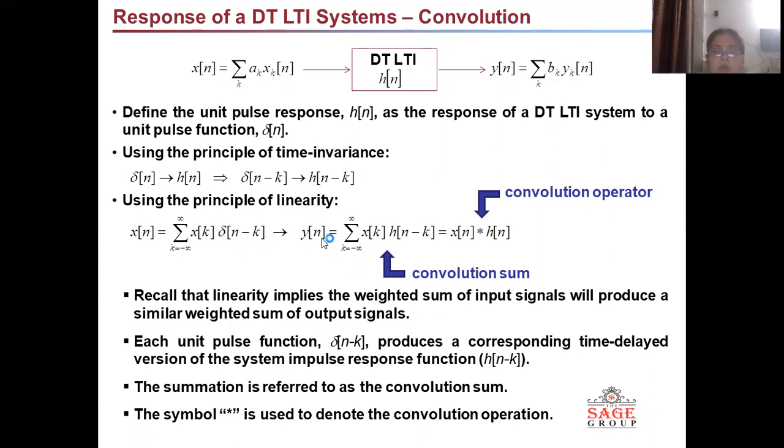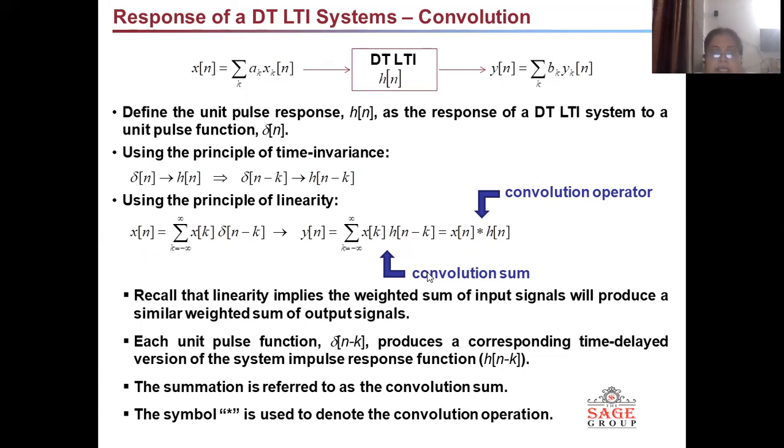So the output y[n] is the summation of x[k] times h[n minus k], where h[n] is known as the impulse response of the system when the impulse is given as the input. This function is represented by the convolution mathematical operator, the star sign, x[n] star h[n], where star means the convolution operator and represents the convolution sum of the two functions.